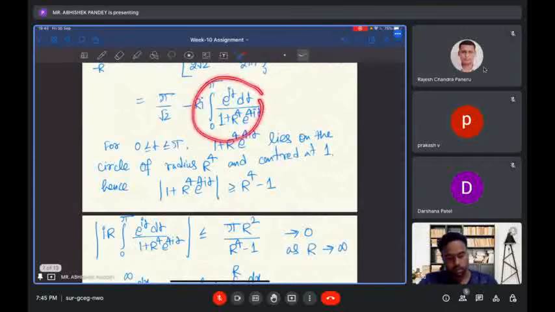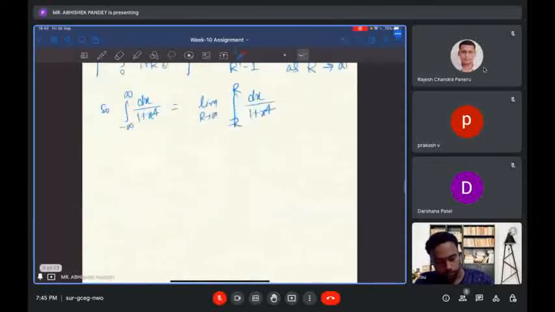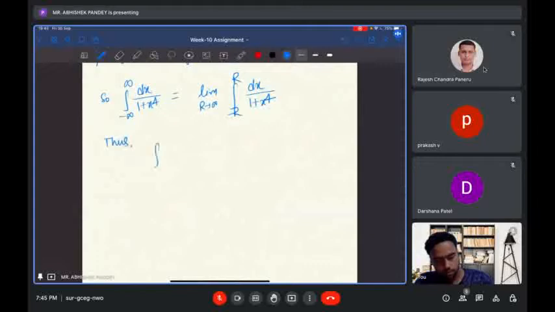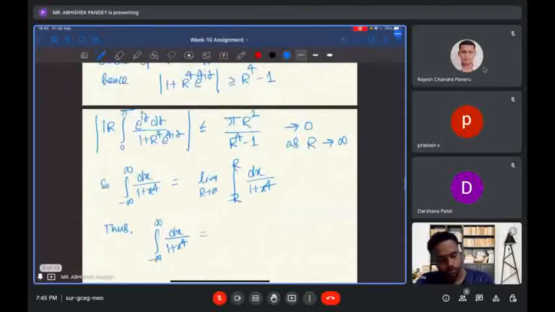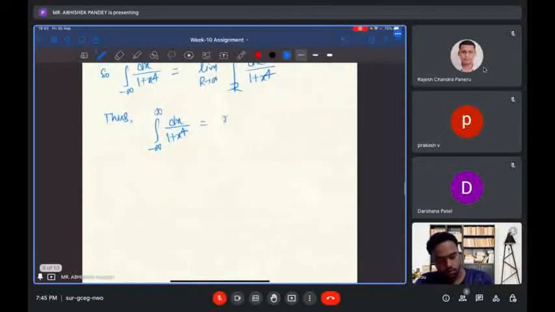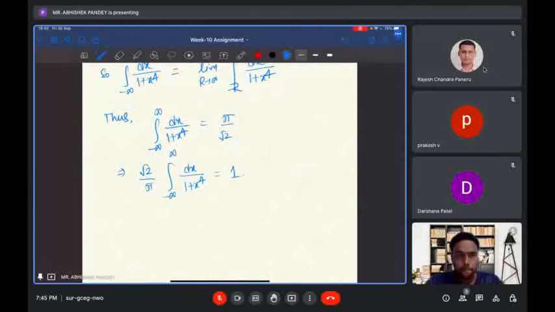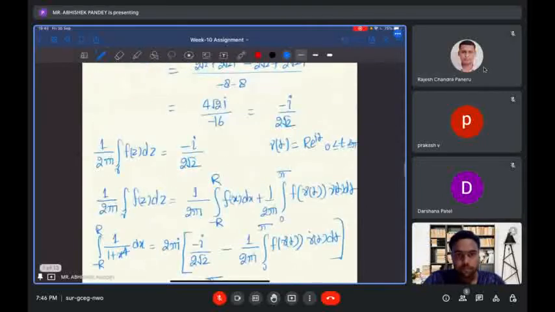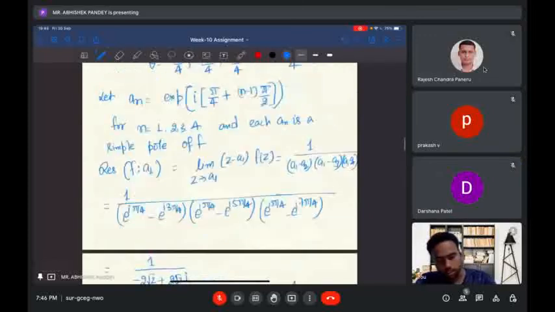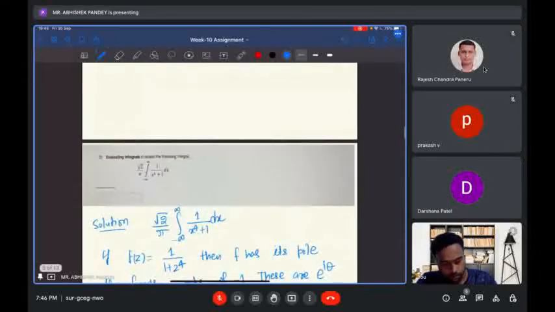Thus integral minus infinity to infinity dx upon 1 plus x to the power 4 is equal to pi by root 2. So this implies under root 2 by pi times the integral minus infinity to infinity dx upon 1 plus x to the power 4 is equal to 1. Is it clear to everyone? Yes, so this integral value is 1.